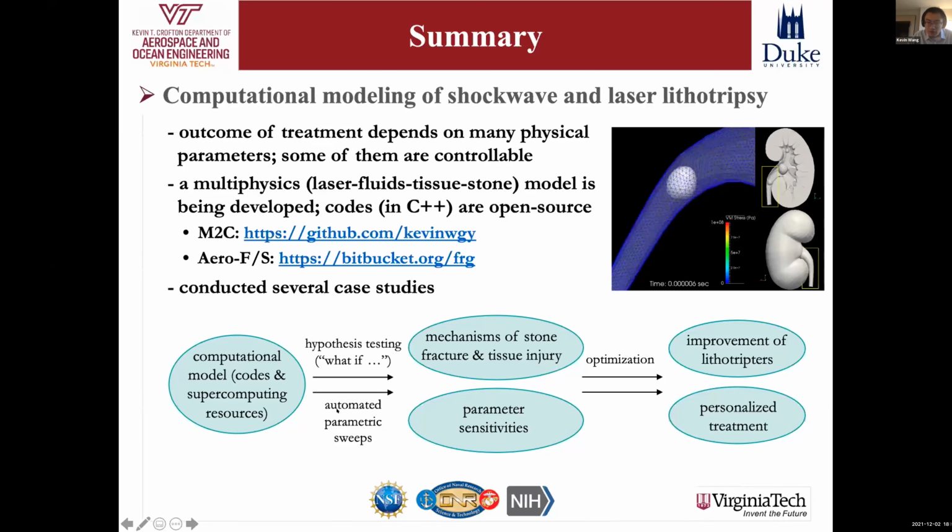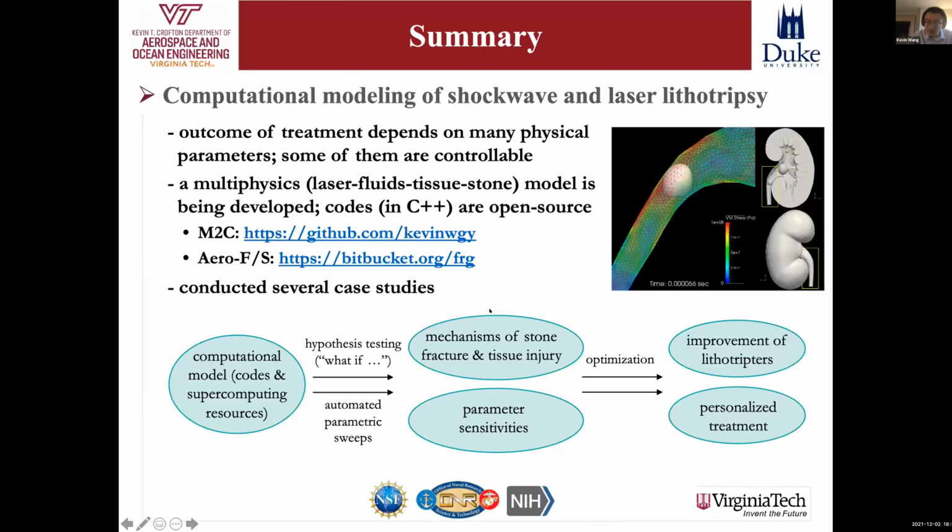And also it can be used to conduct automated parametric studies. Together with laboratory experiments, we think that this type of work can improve our understanding of mechanisms of stone fracture and tissue injury. And also it's going to allow us to efficiently explore the high dimensional parameter space.